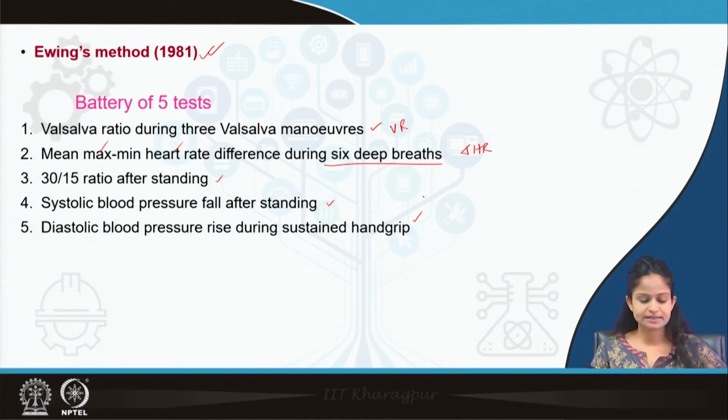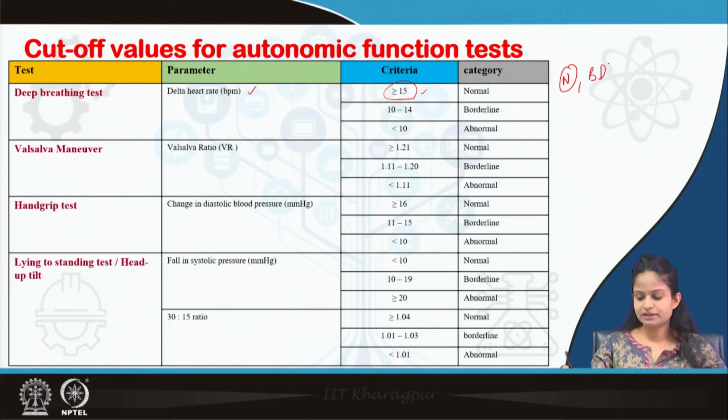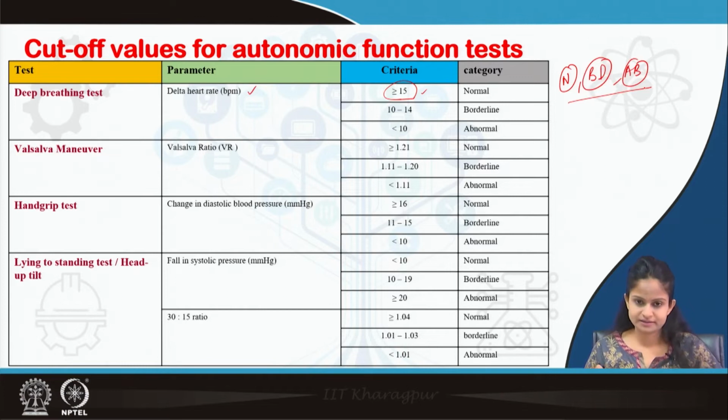So, the cutoff values for the autonomic function test using these 5 tests. For the deep breathing test, delta heart rate more than or equal to 15 beats per minute is usually considered normal. All the tests are usually considered to be either normal, borderline or abnormal, so these 3 entities are there.